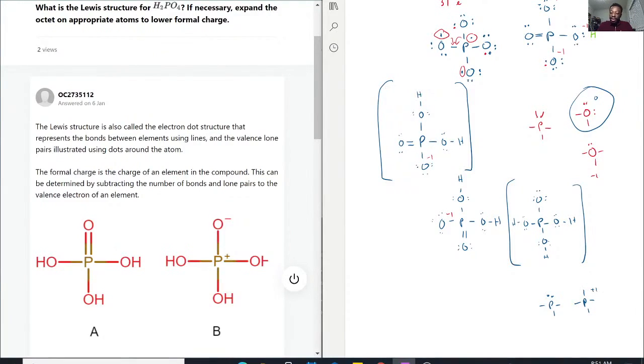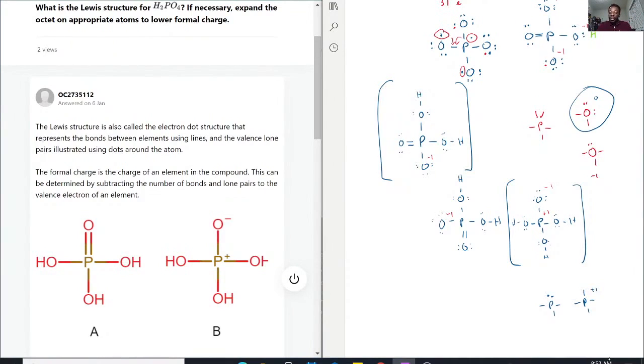And you can see here how we have now a +1 and a -1. And also the cool thing is that this, for phosphoric acid, still has a net charge of 0. It is still going to be a possible form of phosphoric acid. It's just more unstable because, as you can see here, there are more formal charges that are not equal to 0.